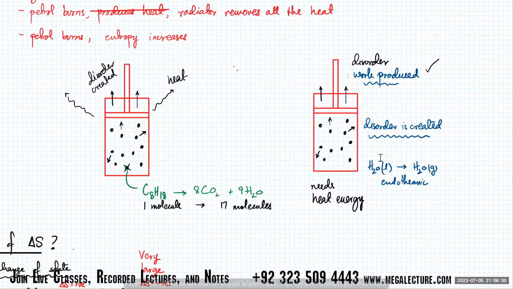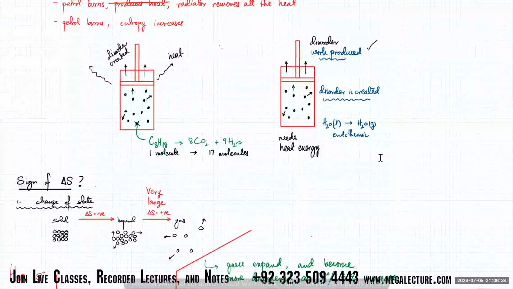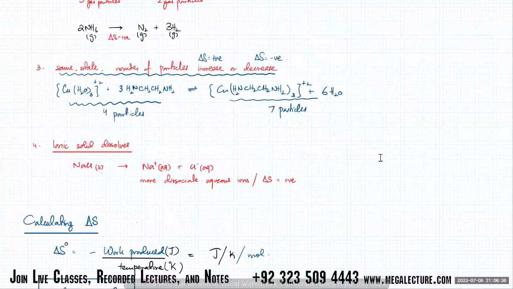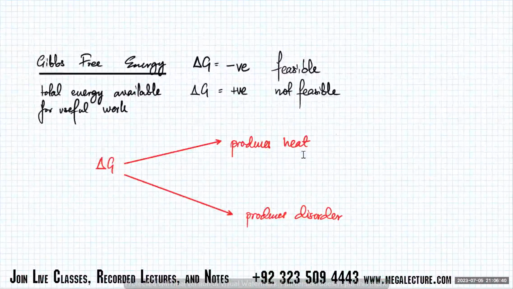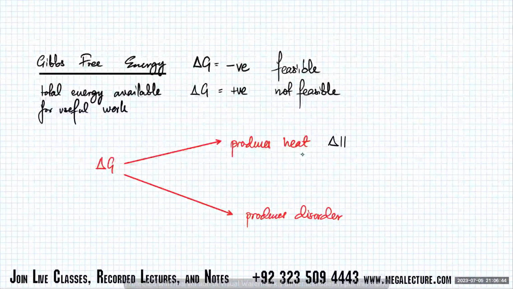So overall, it's going to be a lot more feasible if you do it at a higher temperature. Okay? So there are different types of reactions. We're going to come back to this part, that every system produces heat, which is delta H. And every system produces work which is due to disorder.